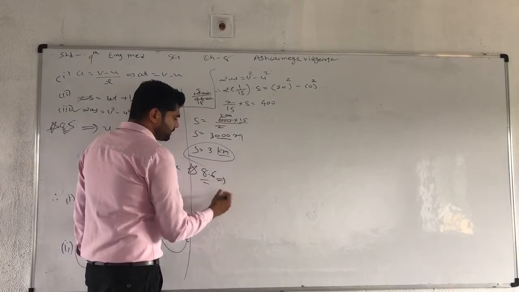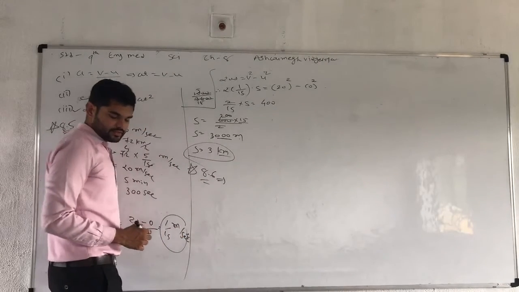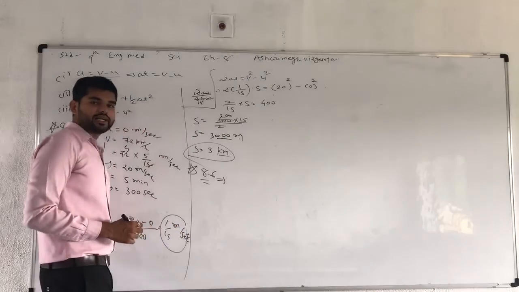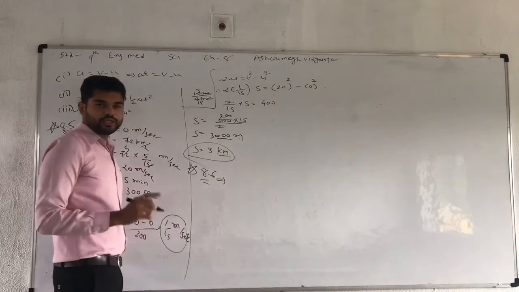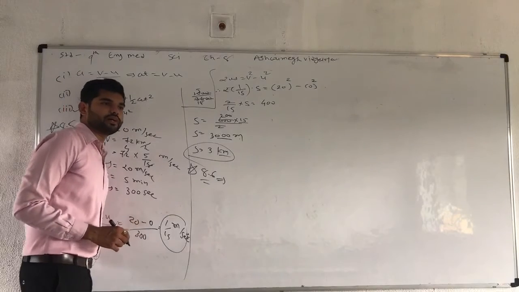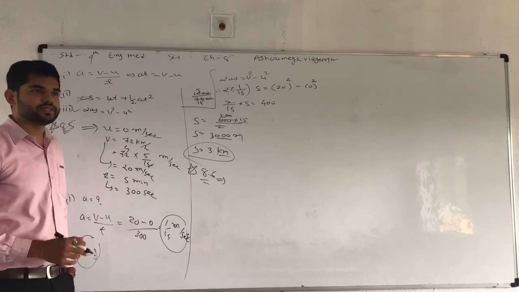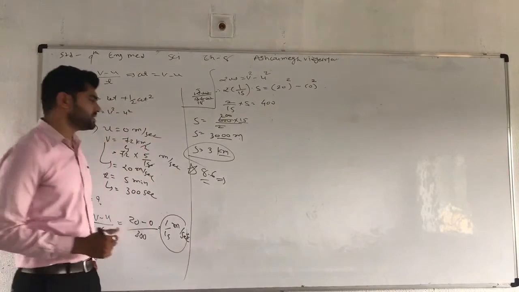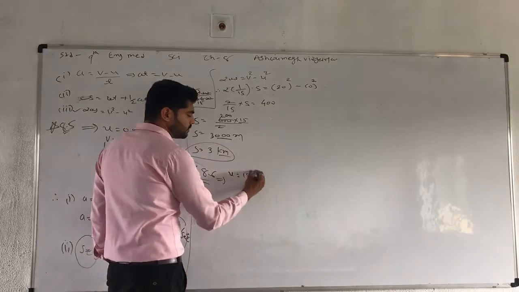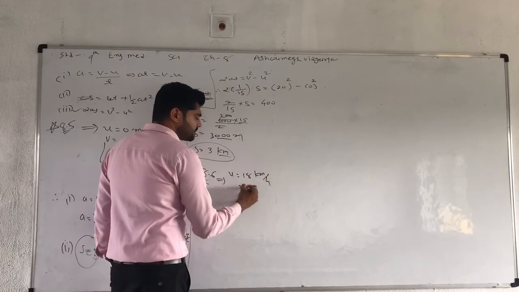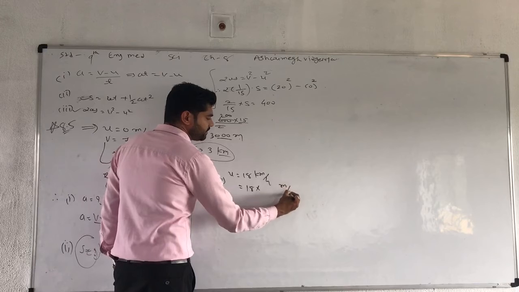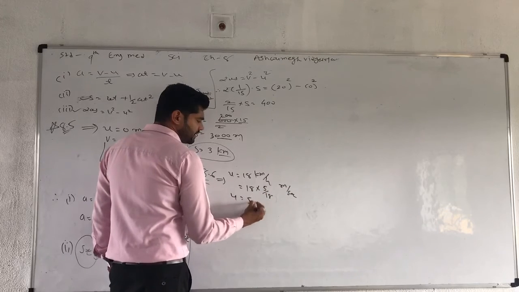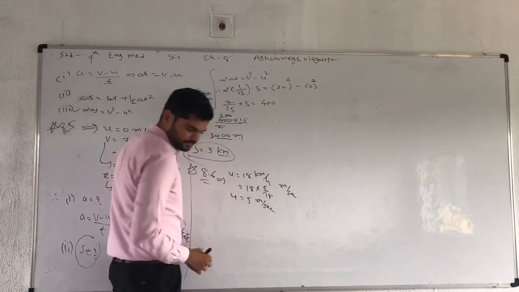So in the given details, the car is not started from rest condition, it started from 18 kilometers per hour to 36 kilometers per hour. So initial velocity u is equal to 18 kilometers per hour. We know that to convert into meter per second we multiply by 5 by 18. So initial velocity is equal to 5 meter per second.